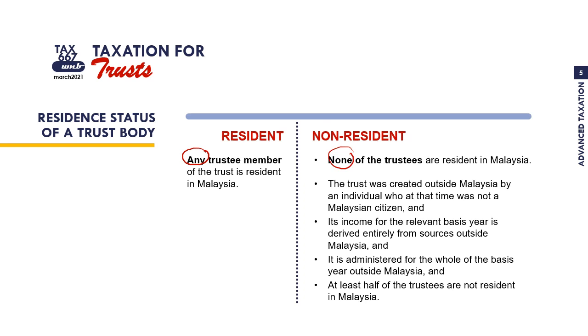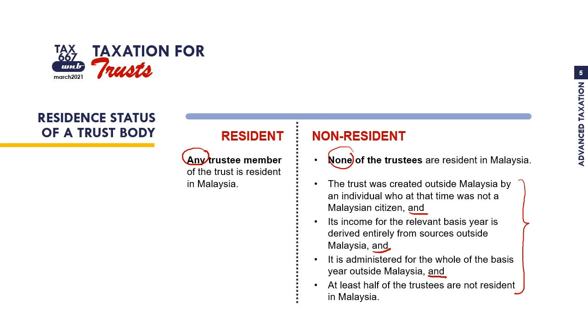A trust is also deemed non-resident if all of the following 4 conditions are fulfilled. First, the trust was created outside Malaysia by an individual who at that time was not a Malaysian citizen, and its income for the relevant basis year is derived entirely from sources outside Malaysia, and the administration for the whole of the basis year is done outside Malaysia.